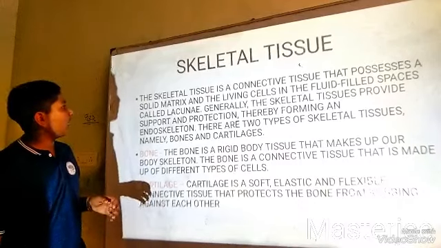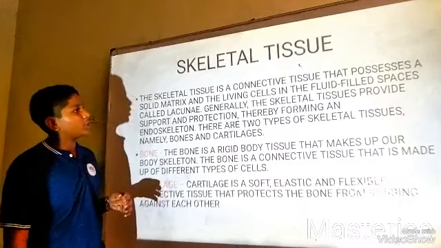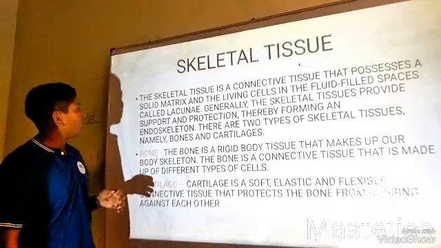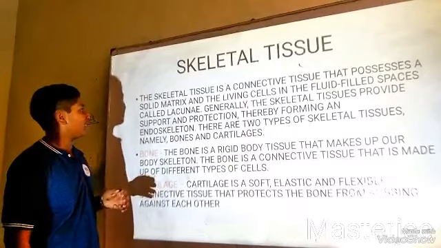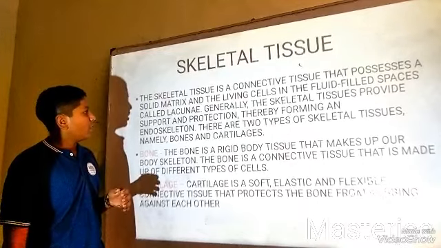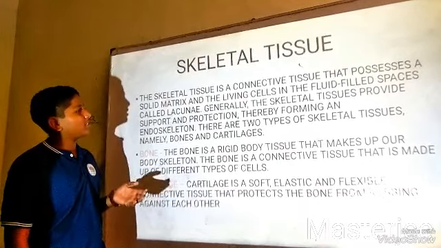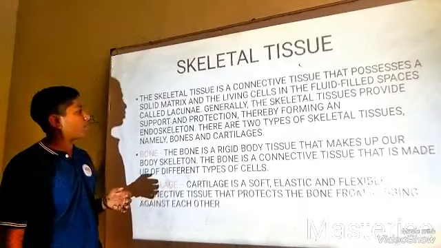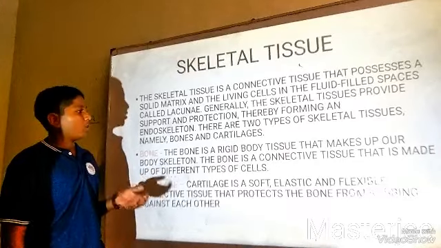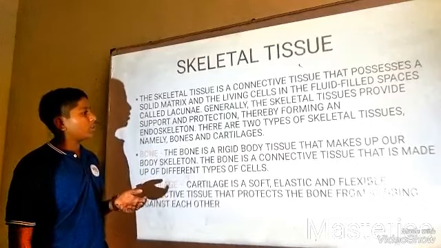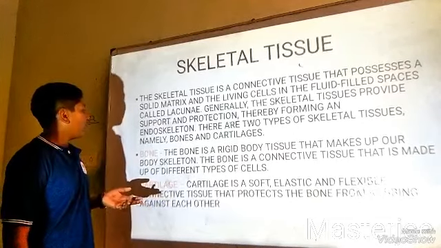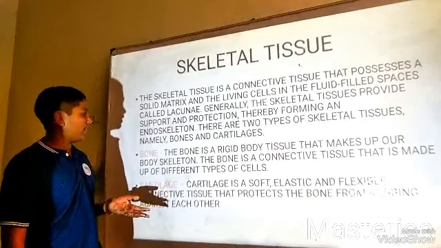Skeletal tissue. The skeletal tissue is a connective tissue that possesses a solid matrix and living cells in fluid-filled spaces called lacunae. Generally, the skeletal tissue provides support and protection by forming an endoskeleton. There are two types of skeletal tissue, bones and cartilage.